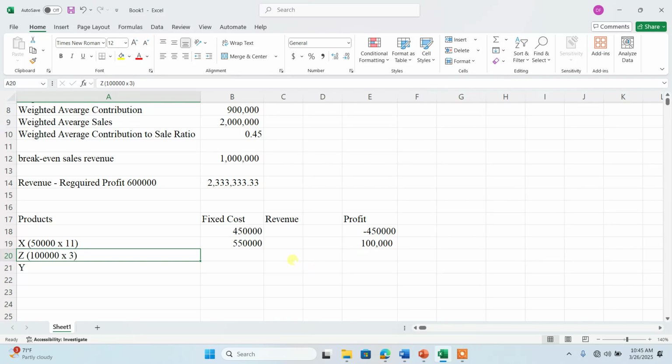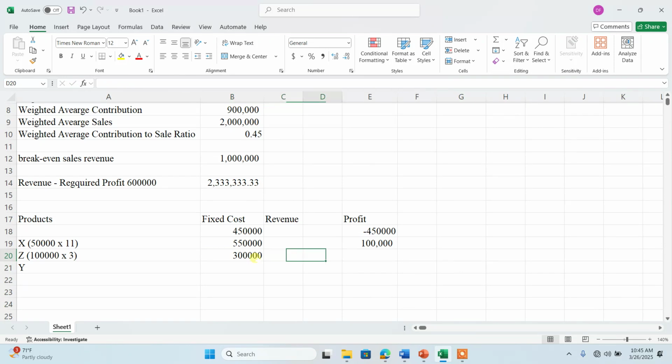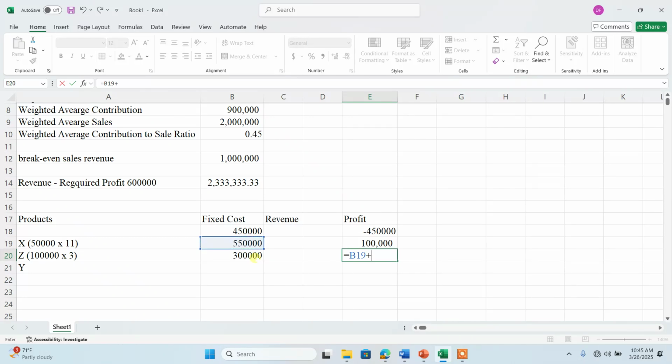So if I only calculate for the Z, multiply by 3. So the total profit will be contribution of the X, contribution of the Z, and again minus fixed cost. Now this is, my dear, the cumulative profit, 400,000. I got 100,000 from here and 300,000 from the Z also.